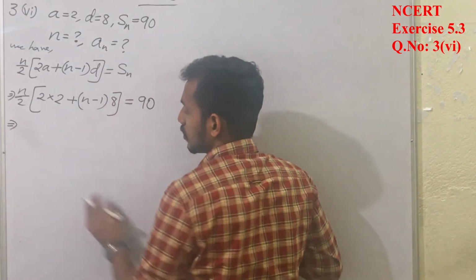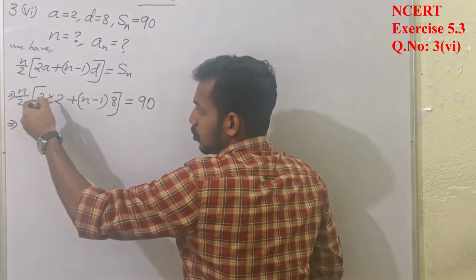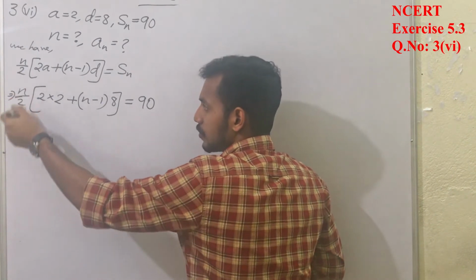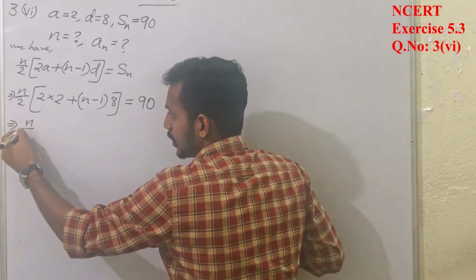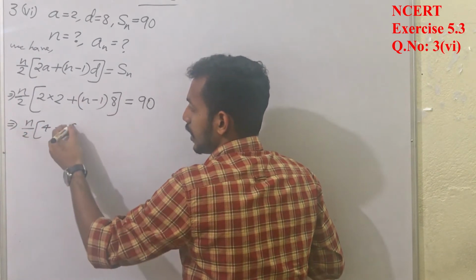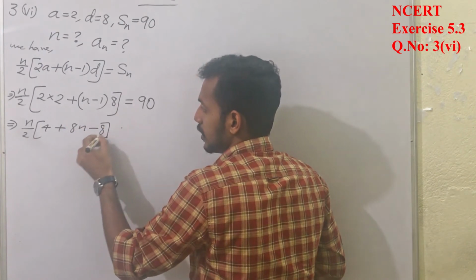That implies we can cancel this 2 with this 2 and 8. Or after simplifying, we can cancel, no problem. That implies n by 2 into 4 plus 8n minus 8 is equal to 90.